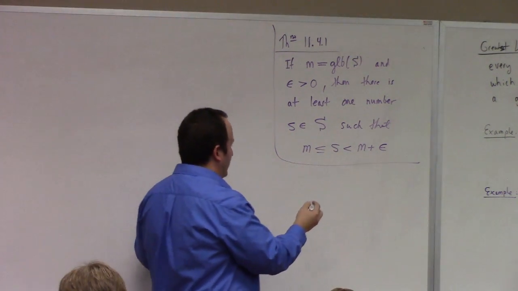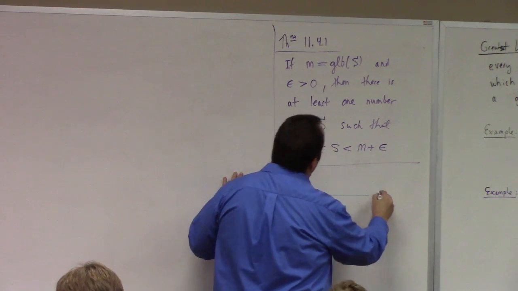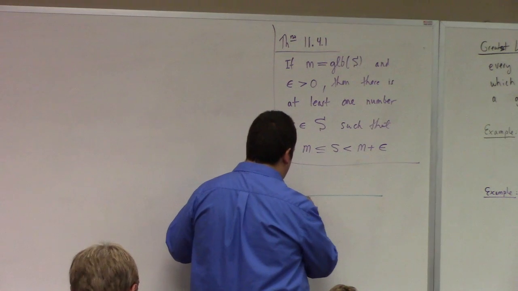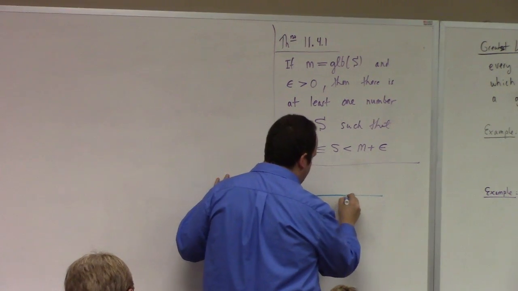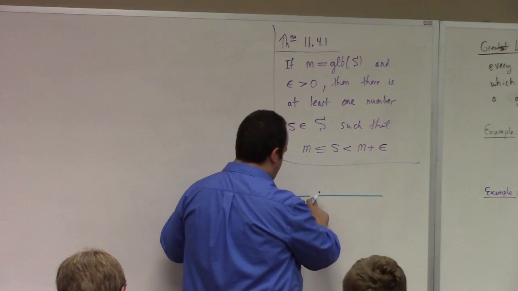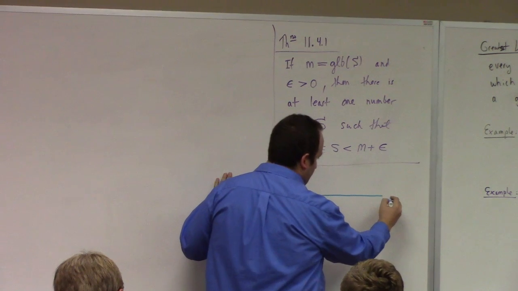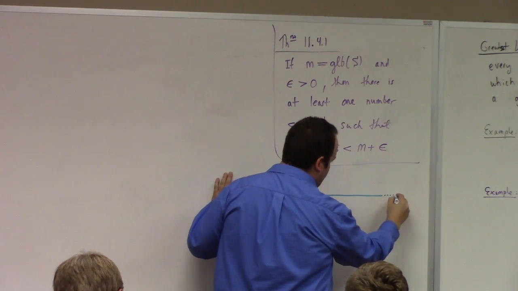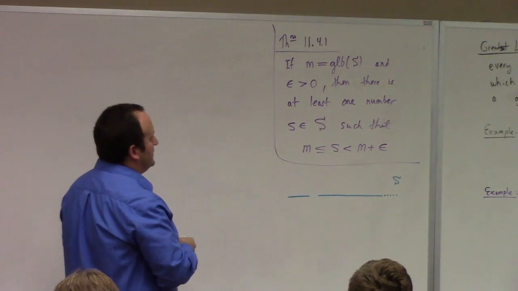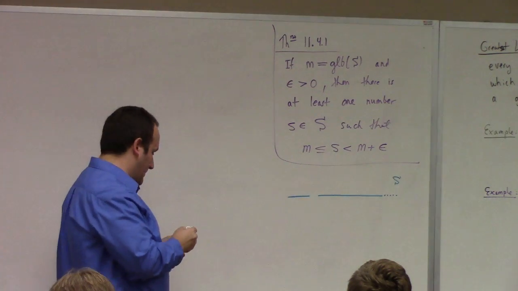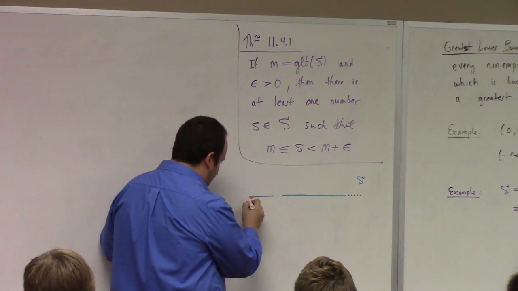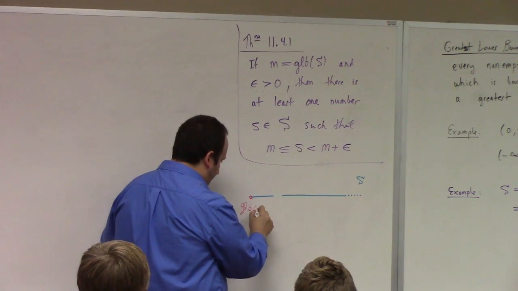I just want to draw a picture to illustrate this. So what we're saying is that if we have the set S, which I'm going to illustrate with my picture here, it could have gaps in it. Could have like a bunch of discrete points like that. Who knows? The set could be whatever. But the point is, m is the greatest lower bound, right? So in my picture, the greatest lower bound might be right there.